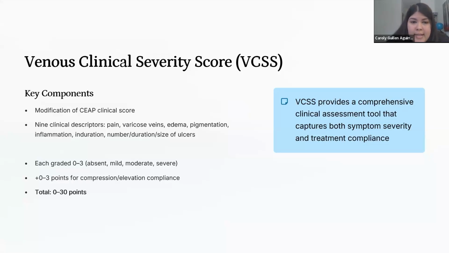The reason behind this is that if a patient is compliant with compression stockings and is still symptomatic, that makes them worse, because they are already compliant with the conservative management. The score provides a comprehensive clinical assessment tool that captures both symptom severity and treatment compliance.